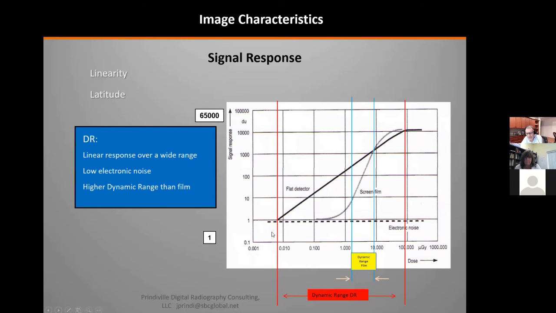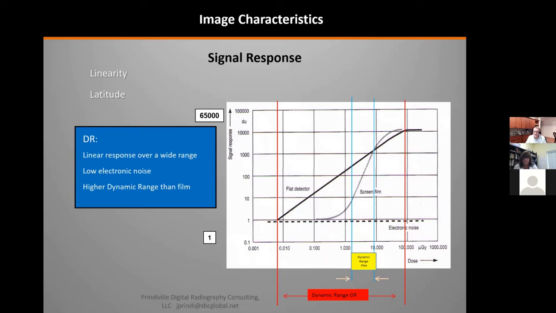If we take a digital detector array, it's linear for a long way until it basically saturates. So it's linear throughout this whole span. So now its dynamic range is very large compared to film. So if I want to cover a part that's got a thin section and a thick section, with film, I might have to double load that part. With a digital detector array, I can cover the whole thing with just one exposure.